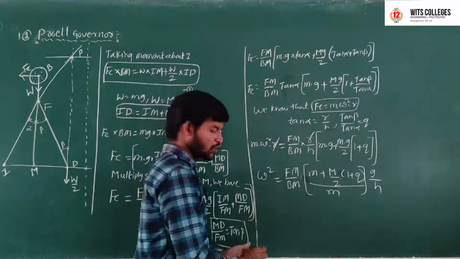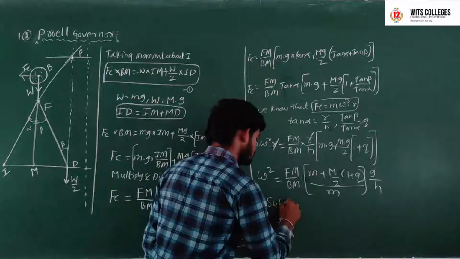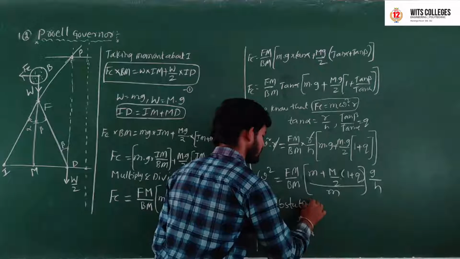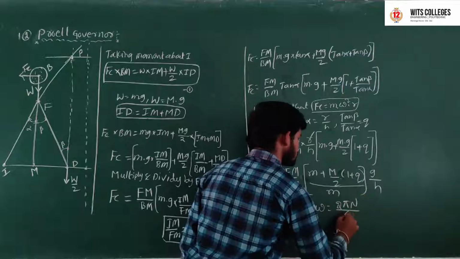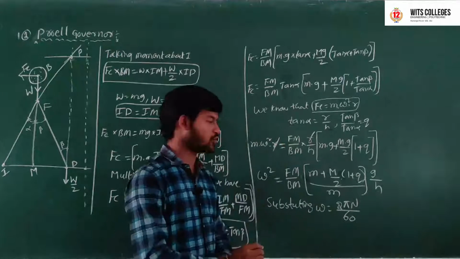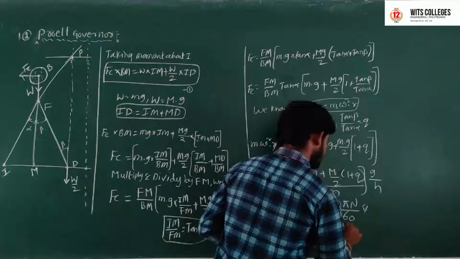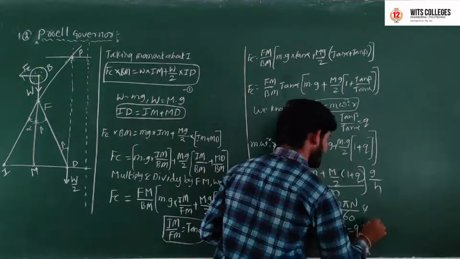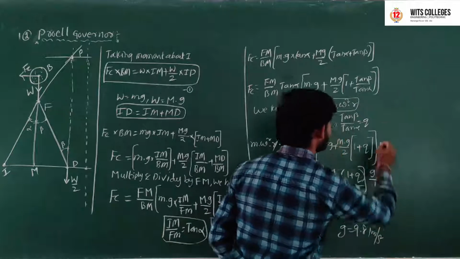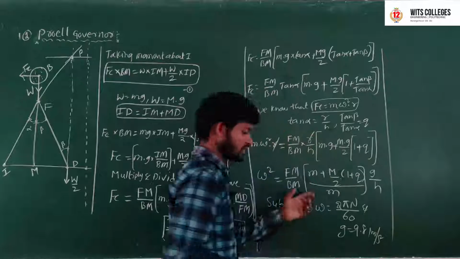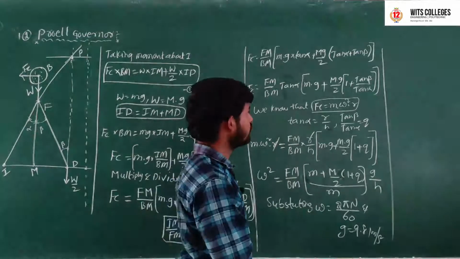Here we substitute omega equals 2 pi n by 60, and g equals 9.81 meter per second square. Substituting these values, we get the Proell governor equation.